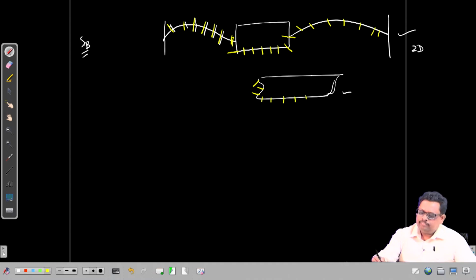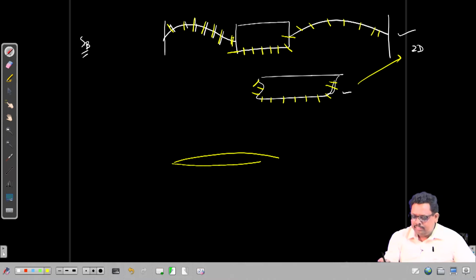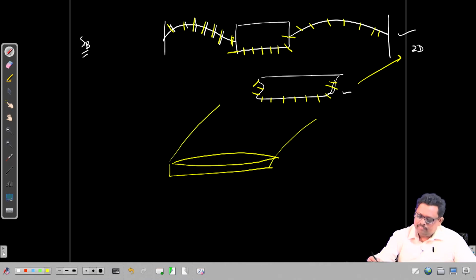This is in the case of 2D, but in the case of 3D it becomes a surface. Let me draw a surface like this. I just draw a small three dimensional shape, something like this, and then some kind of surface like this, which you can consider as your free surface.